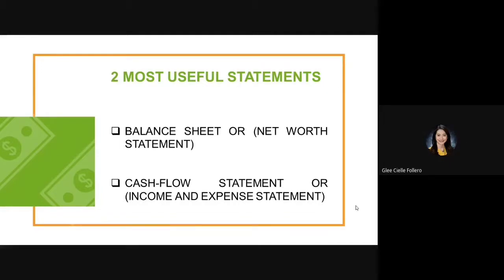So it answers the question, where did your money go? So the balance sheet can tell where you are financially right now, while a cash flow statement can answer your question, where did your money go? Okay, so if you want to know the answer to those questions, you should prepare a balance sheet and a cash flow statement for yourself and for your family.